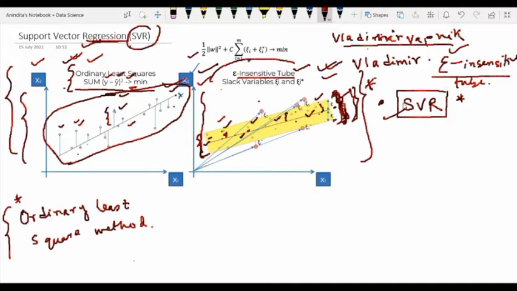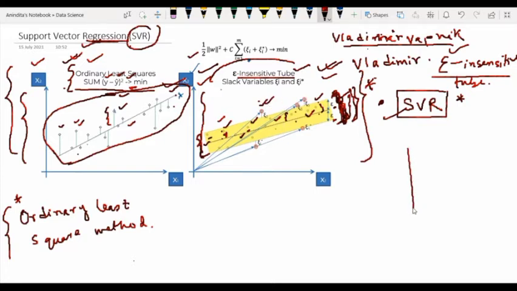Now, support vector regression gives a little bit of buffer in our model, we can say. Whatever error we are disregarding over here, we are acquiring some kind of buffer, and at the same time, for the points outside this epsilon insensitive tube, we do care about the error.